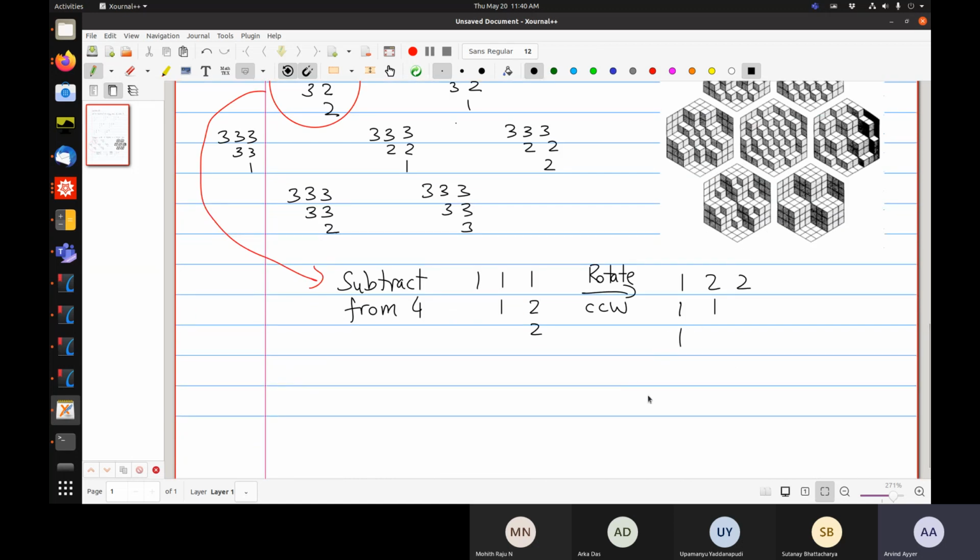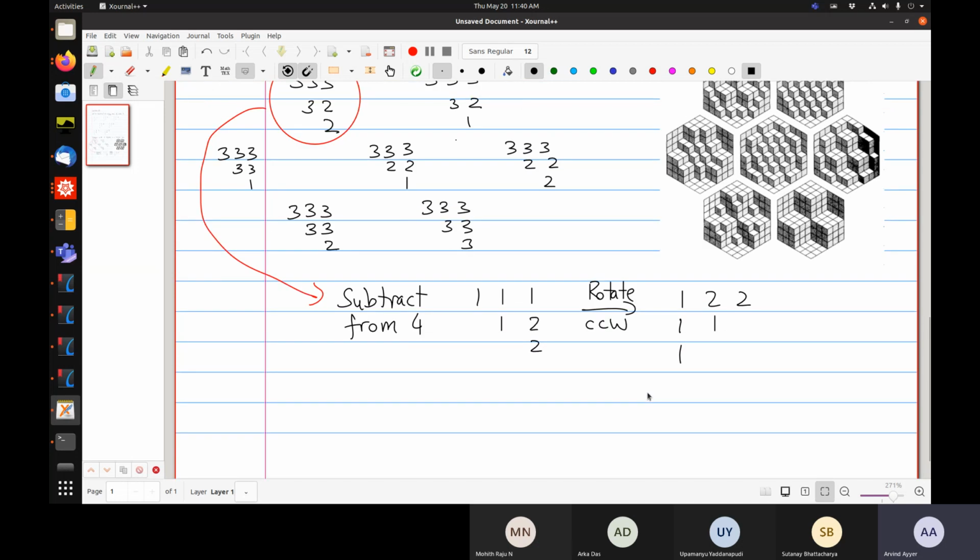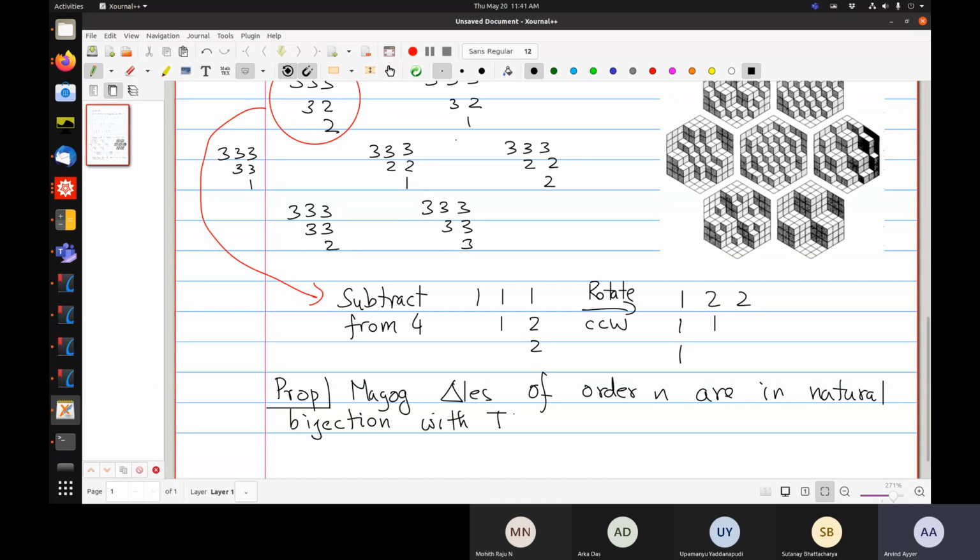Okay. So what we have done is, maybe I'll write that as a proposition: Magog triangles of order n are in natural bijection with TSSCPPs in a 2n by 2n by 2n box.